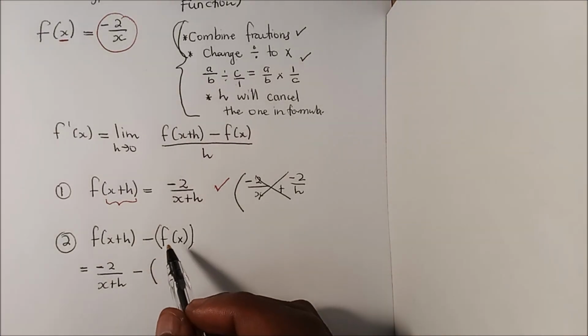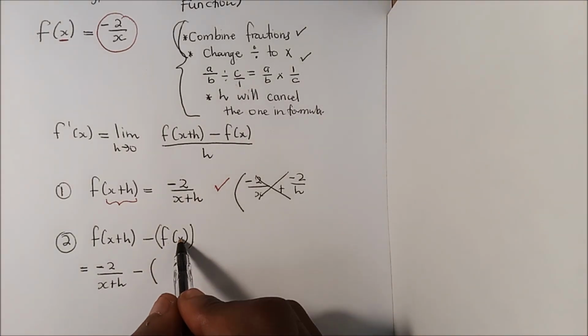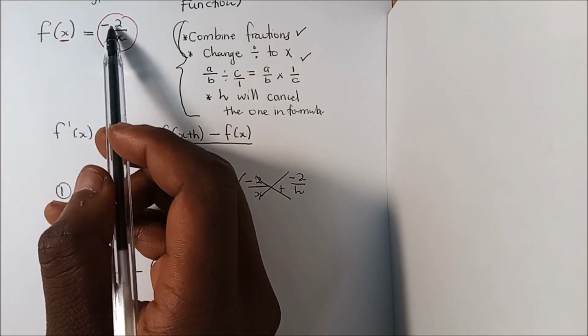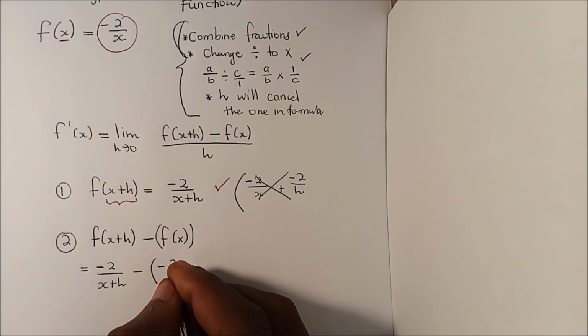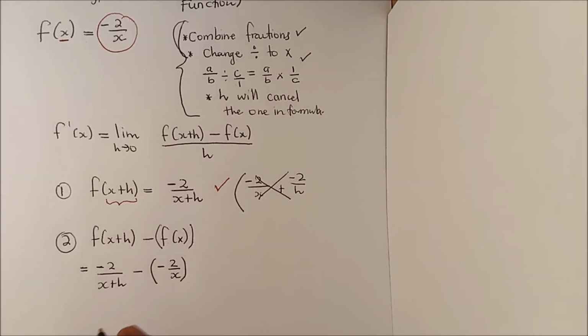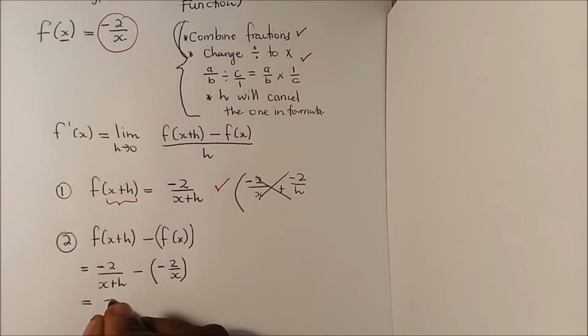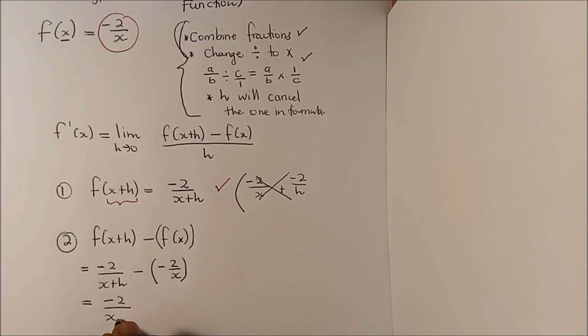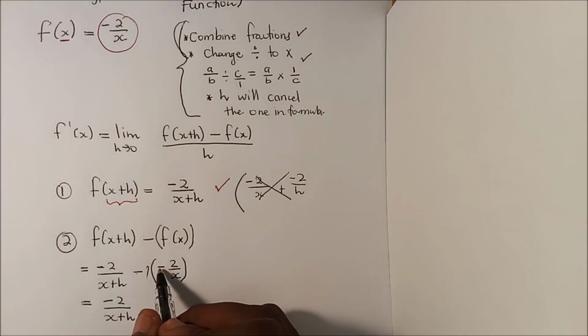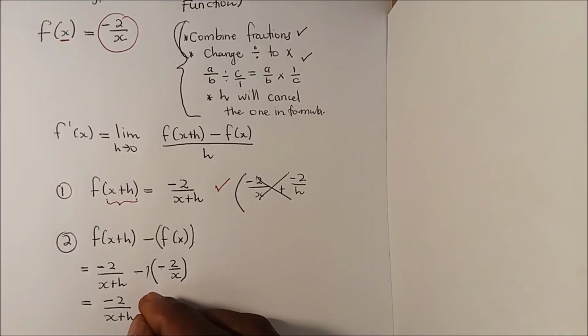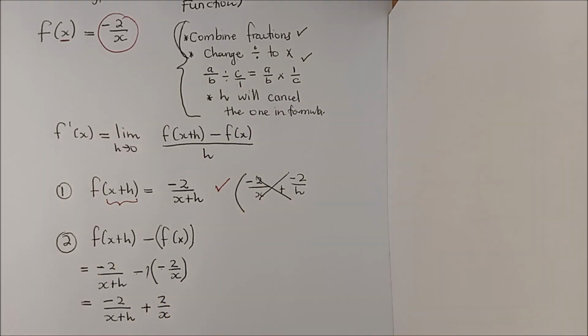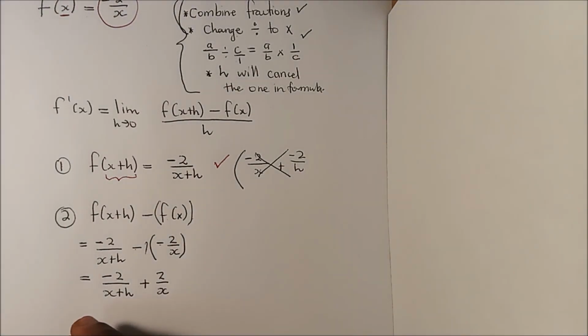So now what is your f of x? Your f of x, if you check, is given there, negative 2 over x. Remember, we have to get rid of the bracket. So we have negative 1 there. So negative 1 multiplied by negative 2 over x will give us positive 2 over x. So now, this is where the nice things start.